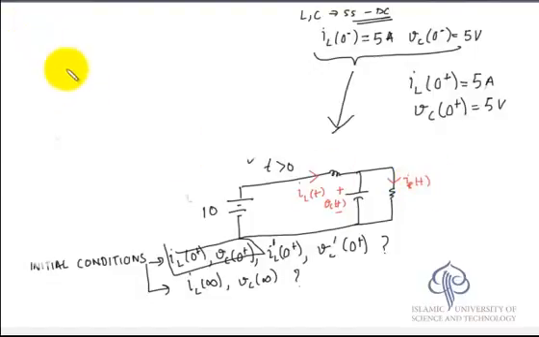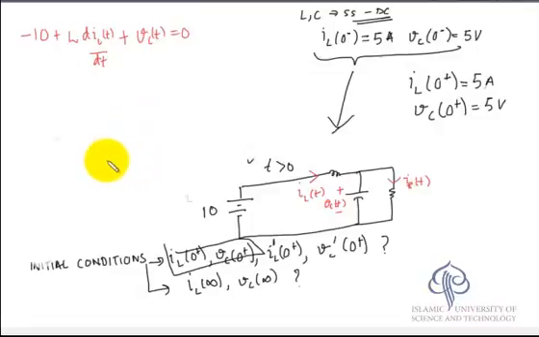If you write the differential equation for this part of the circuit, you can write minus 10 plus L diL(t)/dt plus vC(t) equal to 0.